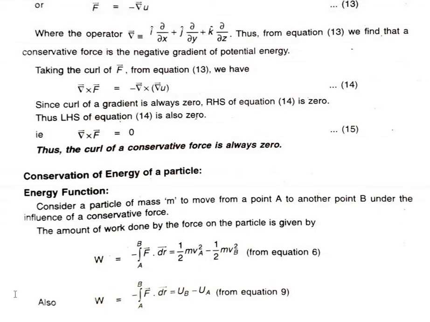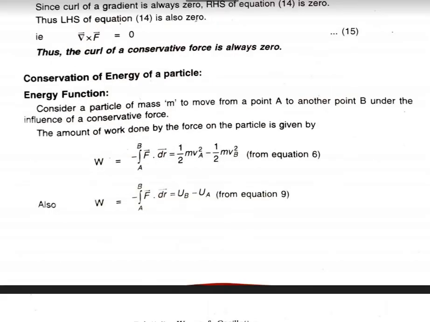If you fail to do that, I will help you. Thus the curl of conservative force is always 0. Sometimes you have to prove that the curl of conservative force is always 0. So this is another important property of conservative force. The conservative force can be written as the negative gradient of potential, or we can write the curl of it as 0.